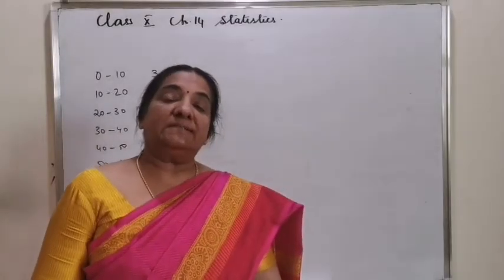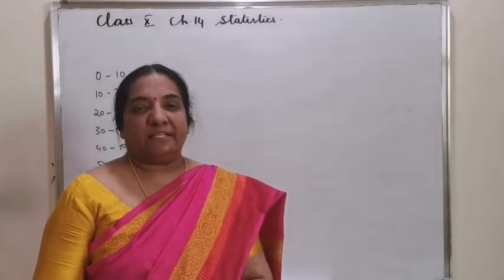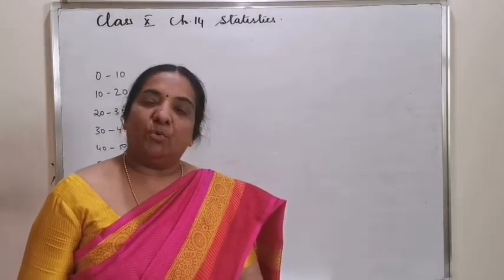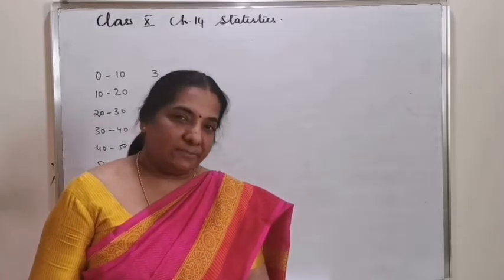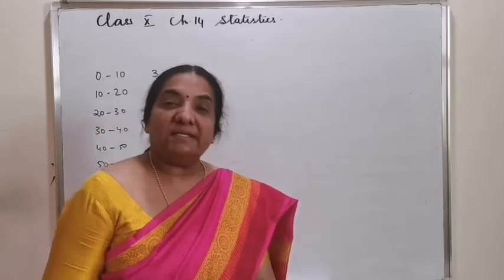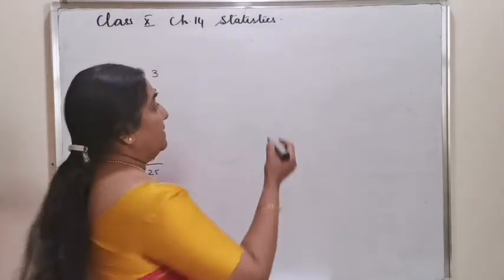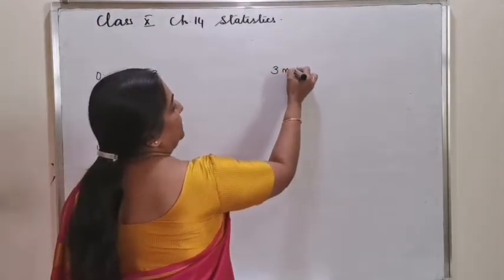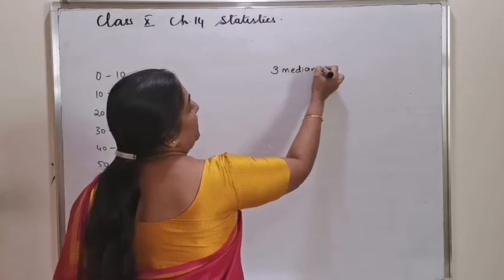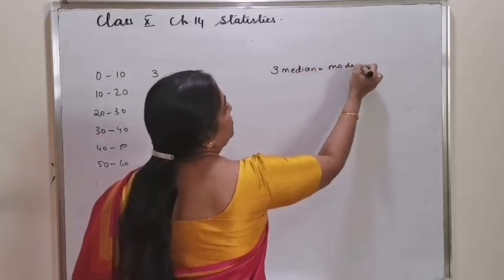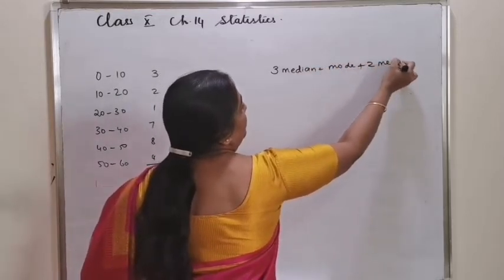Now you have learned the formulas for finding arithmetic mean, median and mode when class intervals are given to you. There is a relation between mean, median and mode: 3 median is equal to mode plus 2 mean.